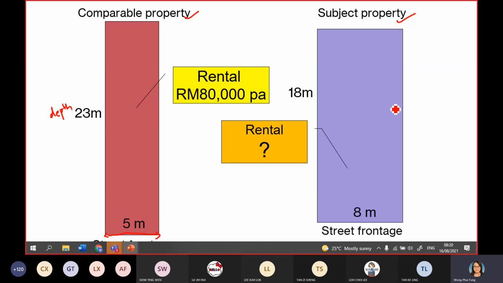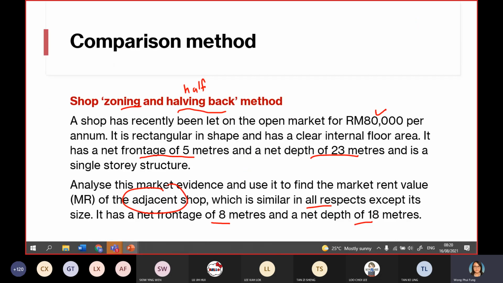So your own property size here, the frontage is 8 meter. So here wider, but the depth is shorter, 18 meter. So for this method, zoning and halving back, which means that you divide your property into a few zones, and the value you need to halve it.